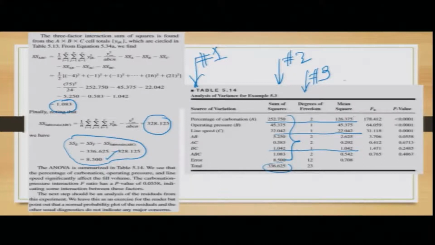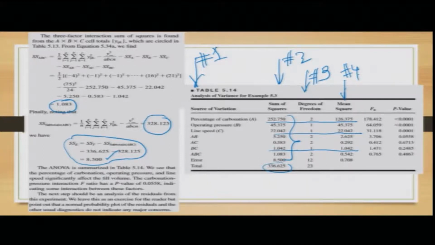Once you have the mean square in column number 4, then you have the ratios of the mean squares giving you the F values, and then depending on the P values and the level of significance, you can say whether you agree with the hypothesis or disagree with the hypothesis. So, it can be extended for A, B, C factors and so on and so forth.